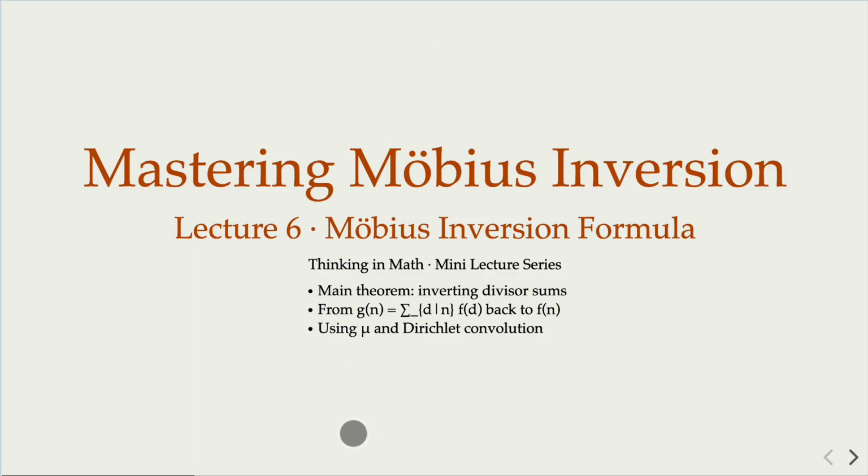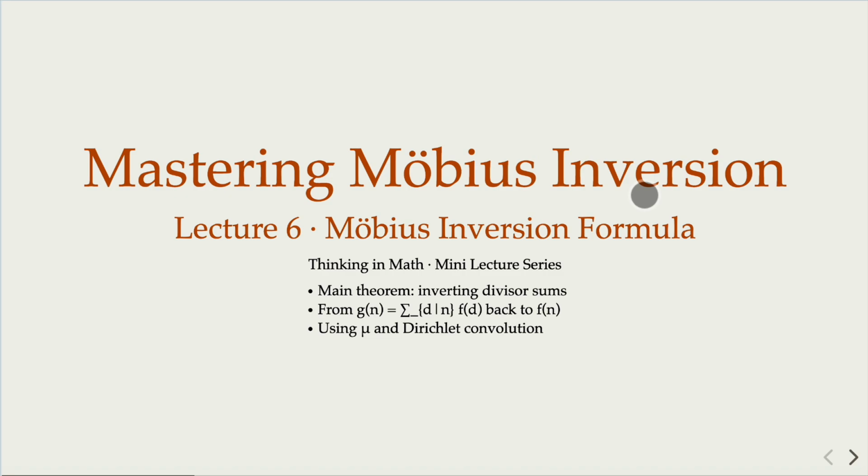So the main result here is that if we have a function g from the divisor sum of some function f of d, we can actually get back f from g through mu. We can treat mu as the inverse filter for the divisor sum.